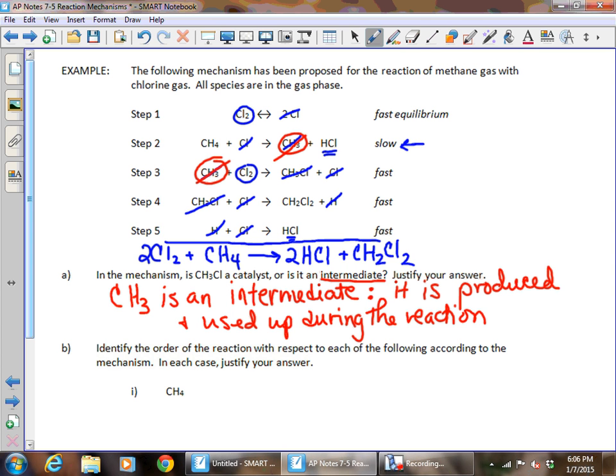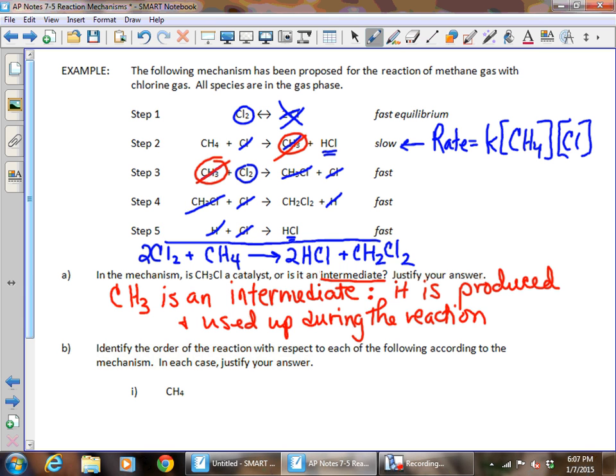According to the slow reaction, rate is equal to K times CH4 times Cl. Well, what's the problem with that rate law? That rate law can't be valid because we have an intermediate. We cannot have Cl in that rate law.